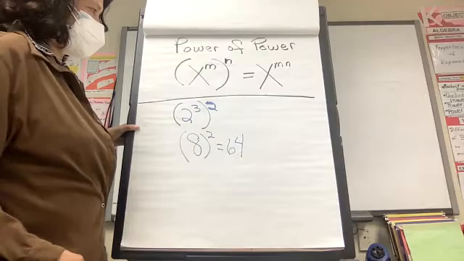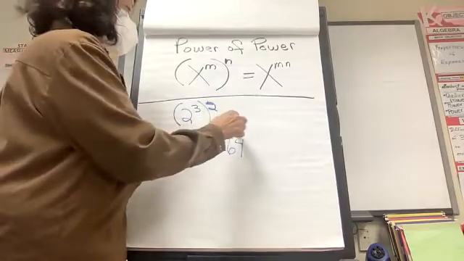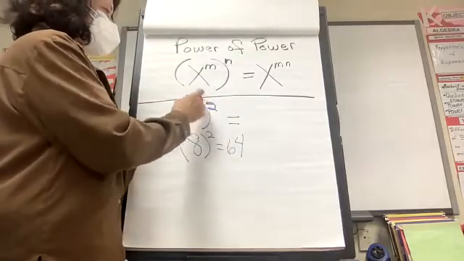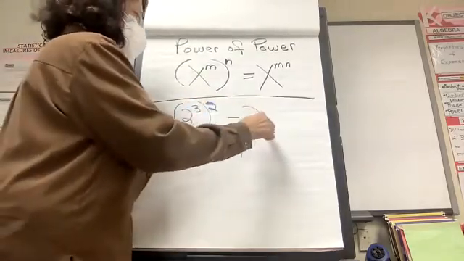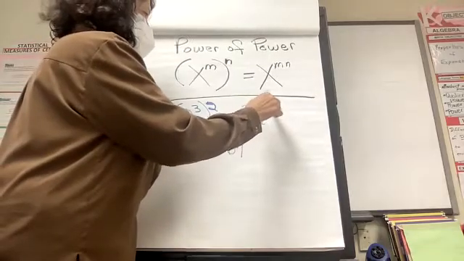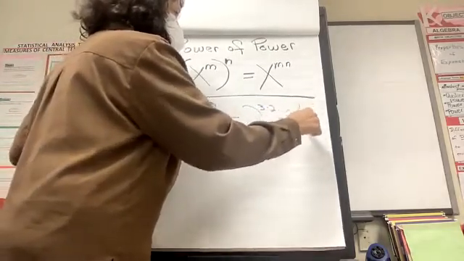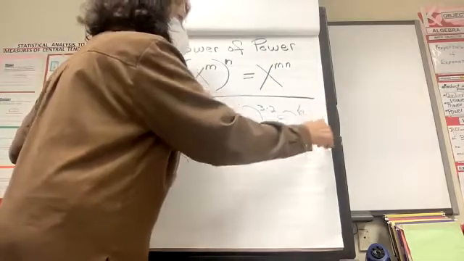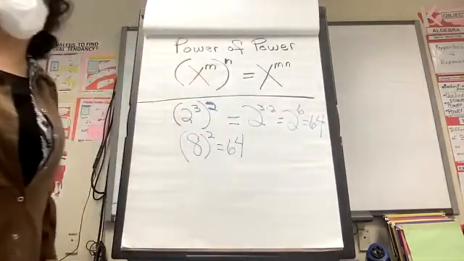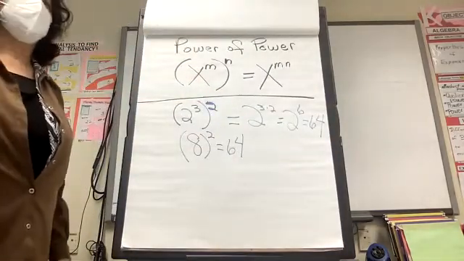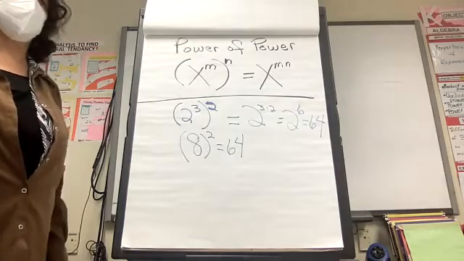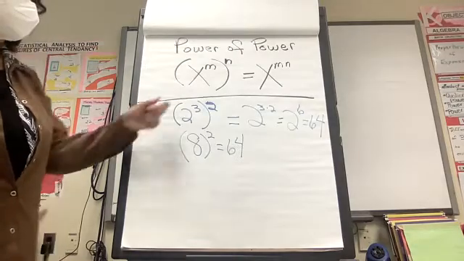So this is 2 to the 3rd squared, which would be 2 to the 3 times 2, which is 6. And 2 to the 6 is also equal to 64 because 2 times 2 is 4, times 2 is 8, times 2 is 16, times 2 is 32, times 2 is 64.